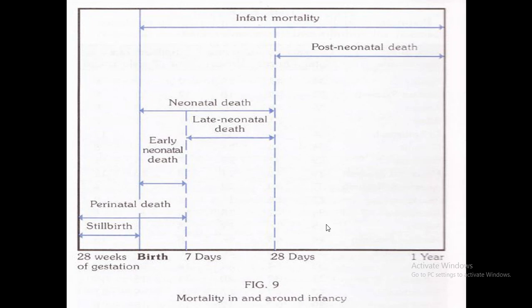And if any death occurs between 7 days and 28 days, we call it late neonatal death, and death between 28 days and 1 year is called post neonatal death. Now we will discuss how to calculate and what the formula is for the infant mortality rate in different stages.